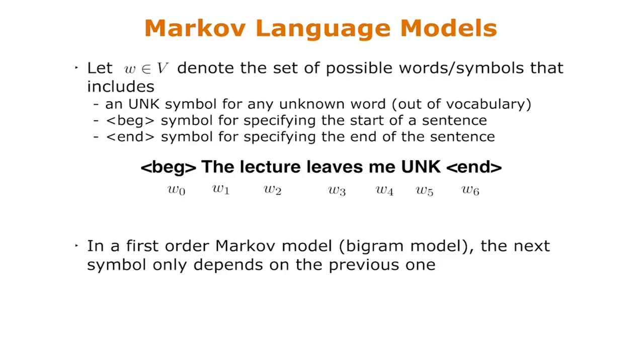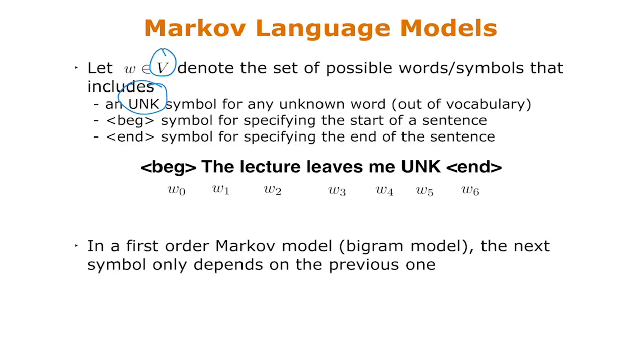We assume that we have a limited vocabulary, capital V, so not including all the words in the English language. All the rest of the words that are not in our vocabulary, the out of vocabulary words, we are introducing an UNC symbol as a catch-all. If we see a sentence that has a word that's not in our vocabulary, we just replace that word with an UNC symbol and try to predict that sentence.